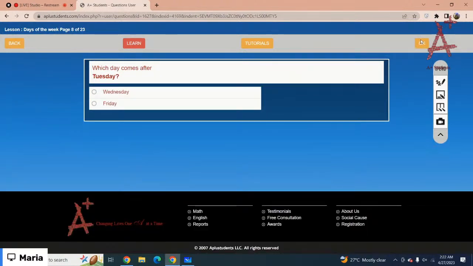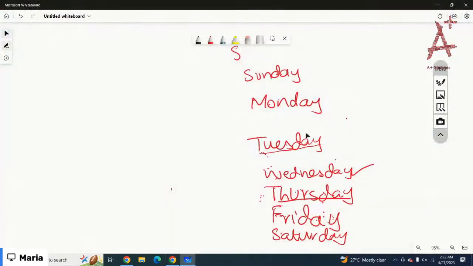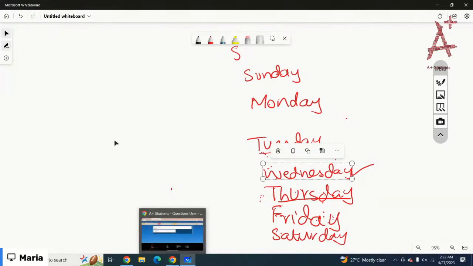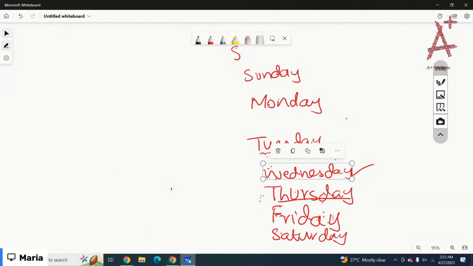Okay, which day comes after Tuesday? Here you have Tuesday. So, which is the day after the Tuesday? You have Wednesday after the Tuesday. Got it? So, the correct option is Wednesday.